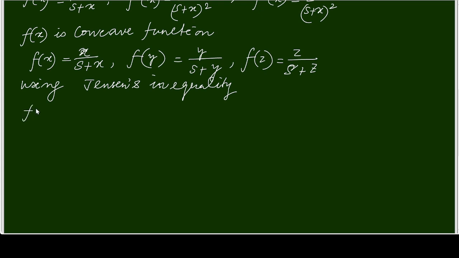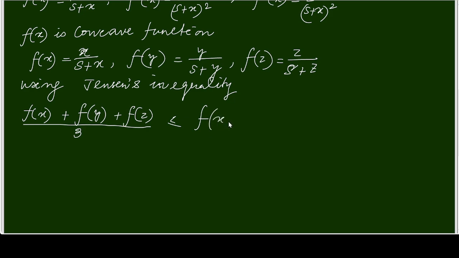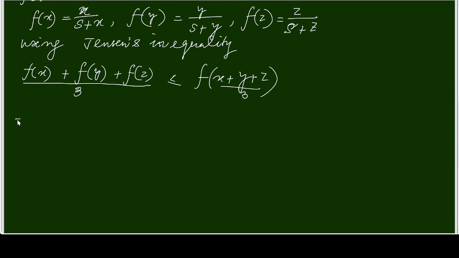So we may write, using Jensen's inequality, f of x plus f of y plus f of z, the whole divided by 3, is less than or equal to f of (x plus y plus z) over 3. And x plus y plus z is s, we know, so f of x plus f of y plus f of z is less than or equal to 3 times f of s over 3.